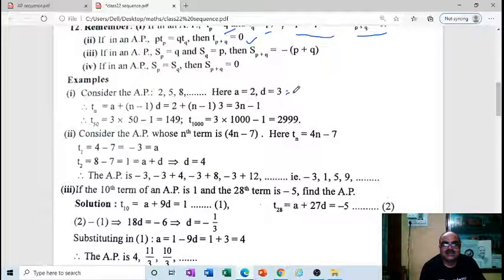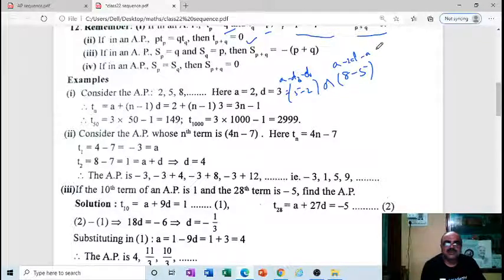This is 5 minus 2 or 8 minus 5, that is a plus d minus a, or a plus 2d minus a plus d. So D is 3, A is 2.